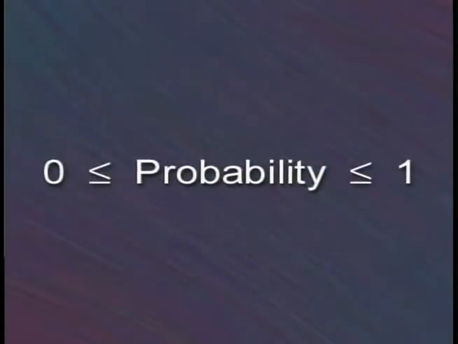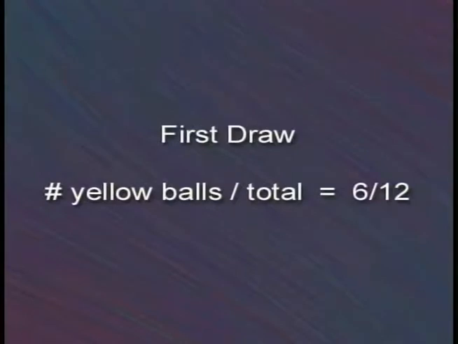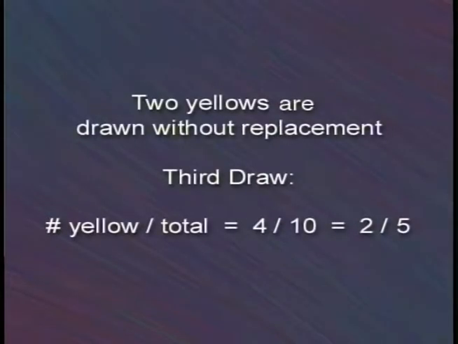Probabilities are expressed as a fraction between 0 and 1. For instance, if I wanted the probability of drawing a yellow ball on the first draw, this probability would be calculated as the number of yellow balls divided by the total number of possibilities, or 6 divided by 12. In this problem, however, 2 yellow balls are drawn and not replaced in the container.